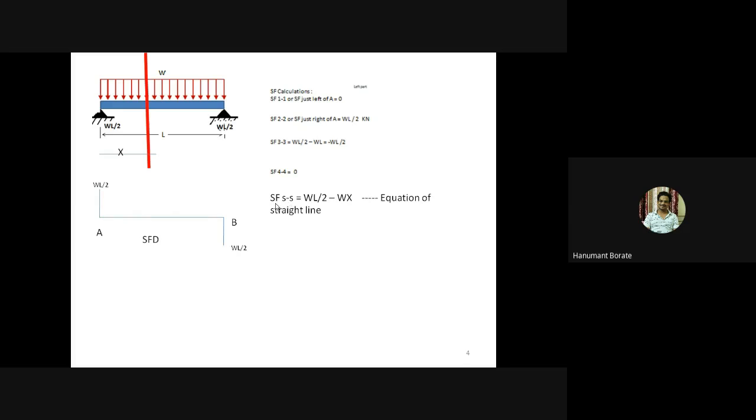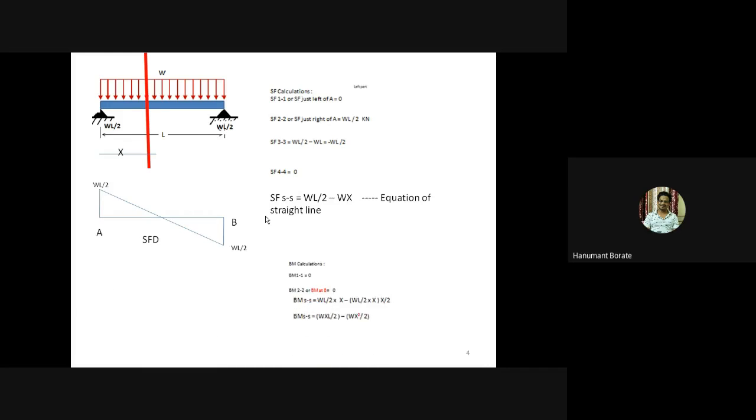So we can see it follows the straight line equation, similar to y equal to mx plus c, right? So c is a constant and x is a variable. So whenever there is a UDL span, we need to draw an inclined line. So here I join the 2 points with the inclined line.